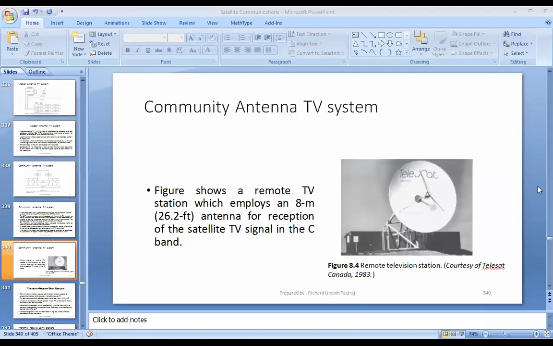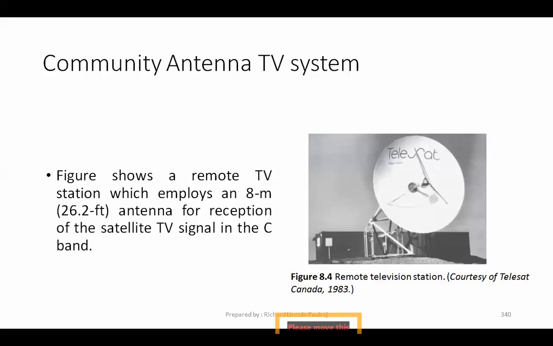Okay, so we were studying the types of antenna systems, right? And we had looked at community antenna, and then can someone tell me which was the other one? Which was the other type of system that we studied?